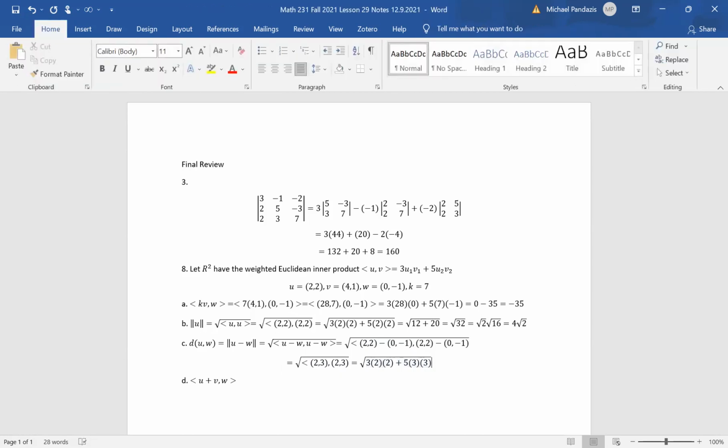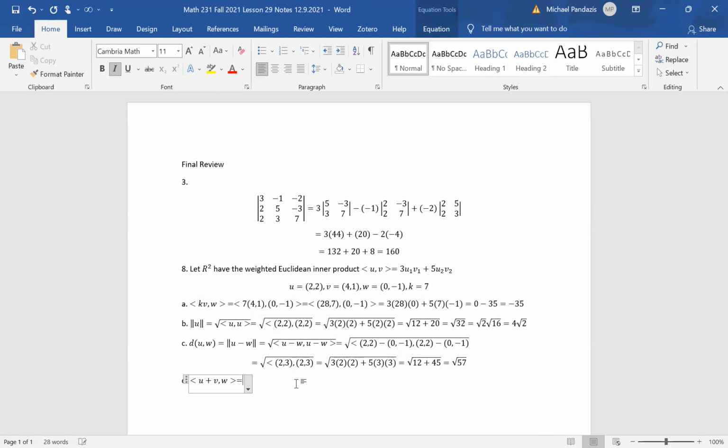Well, the first thing is 12 plus 45, so that's equal to the square root of 57. Okay, so that's the distance between vectors u and w by computation.